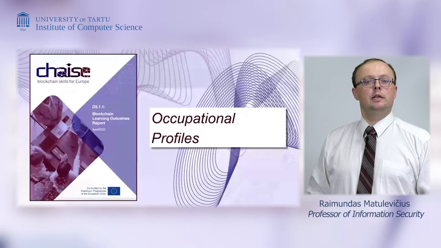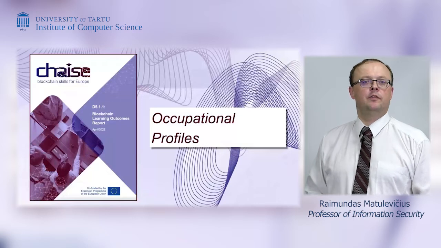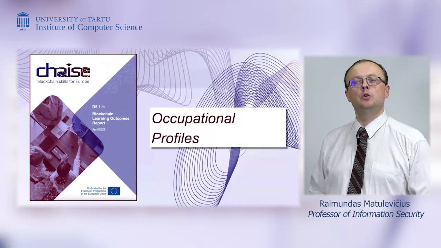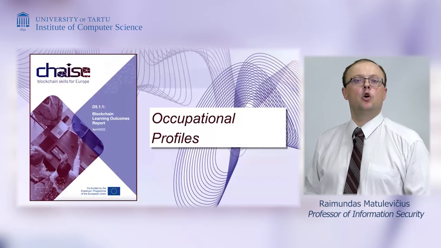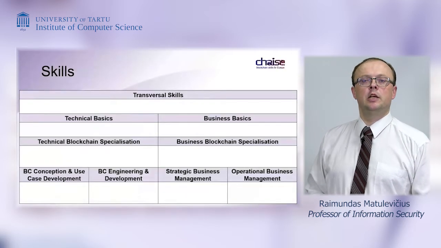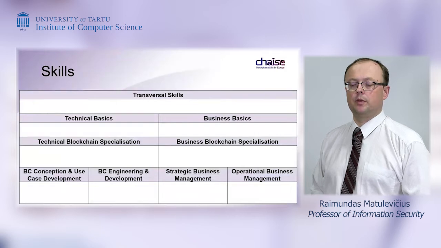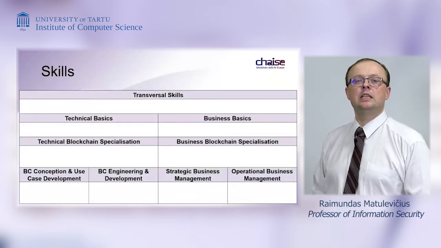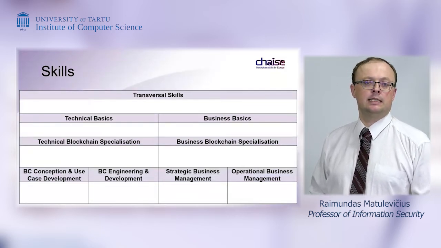So, as a result, we have 12 different modules which are used to define different occupational profiles. Already from the previous deliverables in the blockchain project, we have a set of different skills, as illustrated.